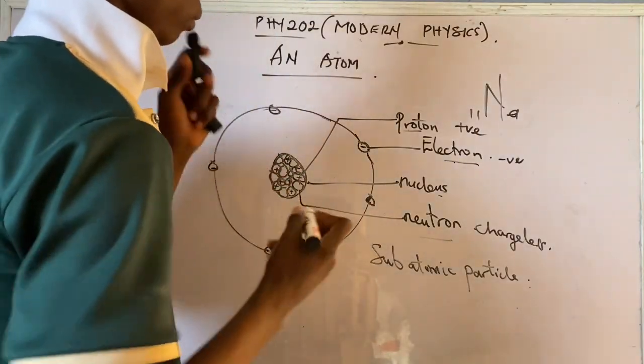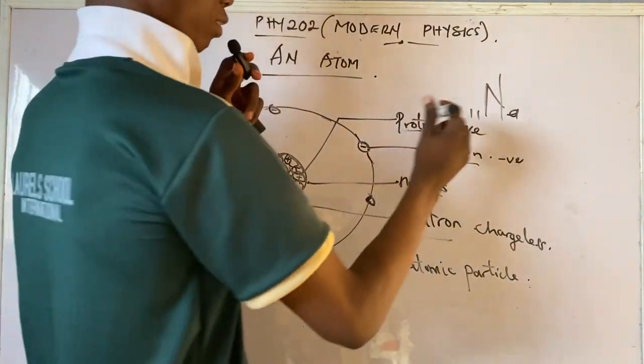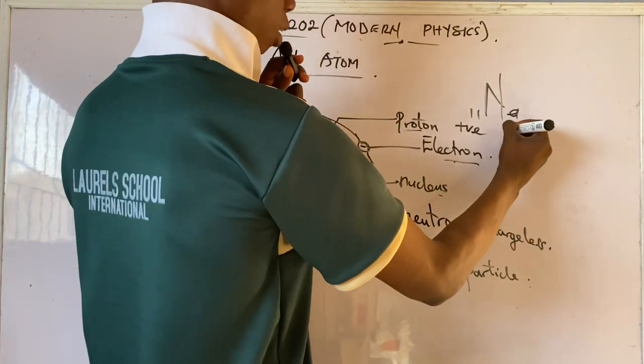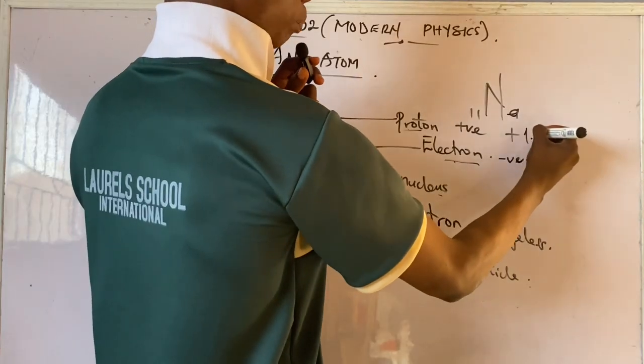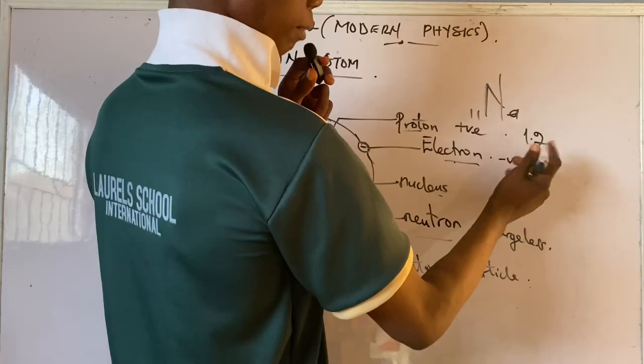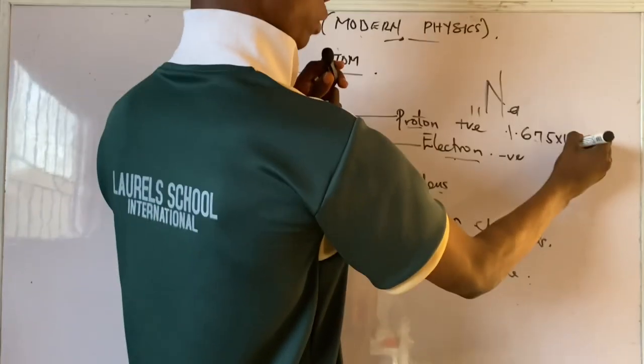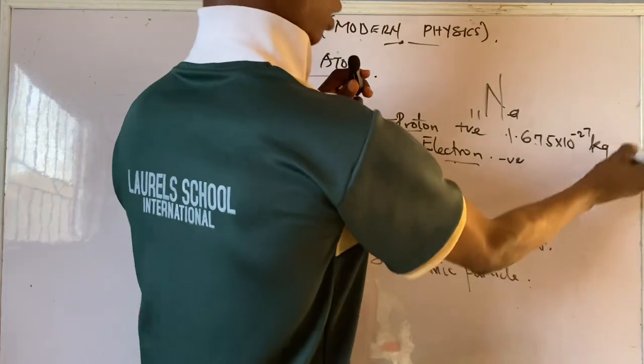So the atom has protons. The proton is a positive charge with a mass of 1.675 times 10 raised to power minus 27 kilogram.